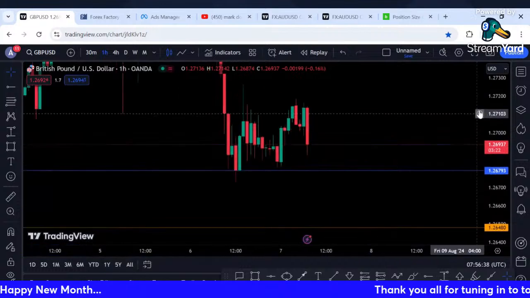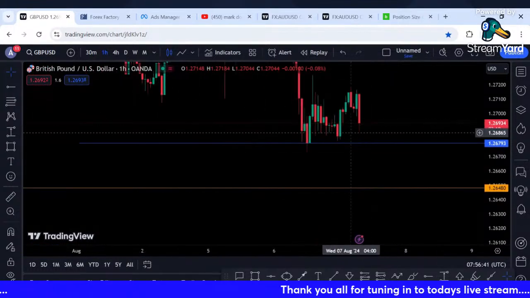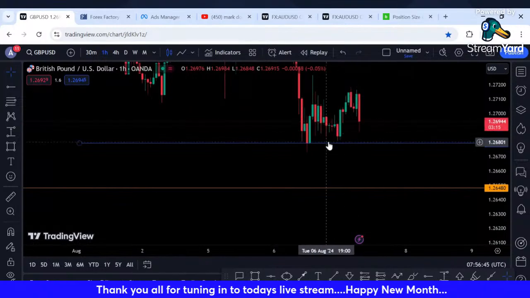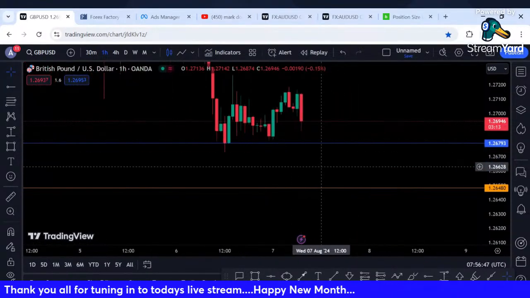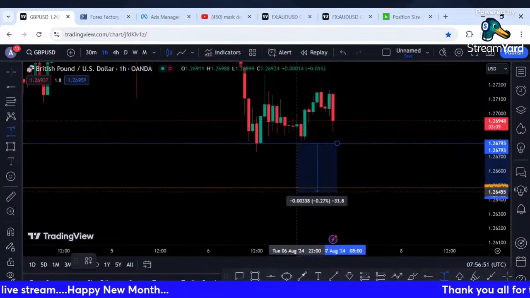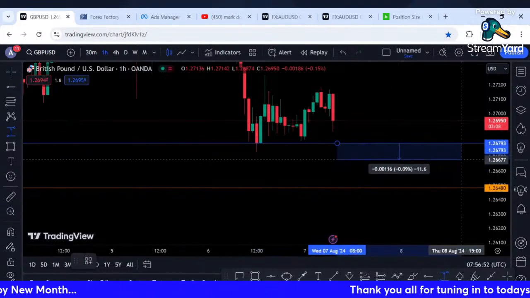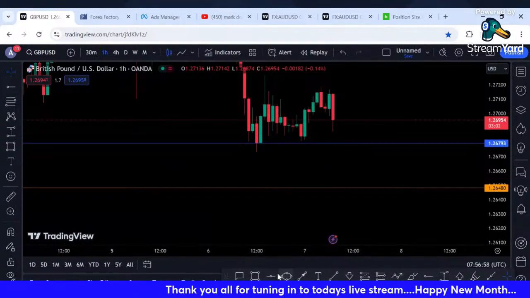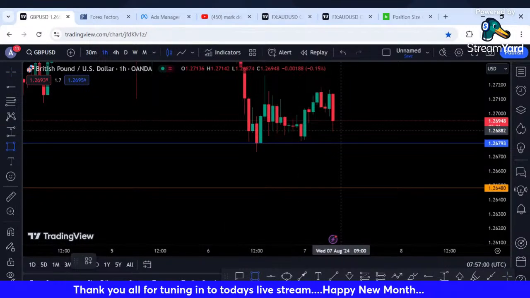When I came to the stream this morning, I said these areas are not tradable areas. The tradable areas are this side. So we are waiting for a candle to break through this one and close, then you take a sell. This is what you are expecting today.